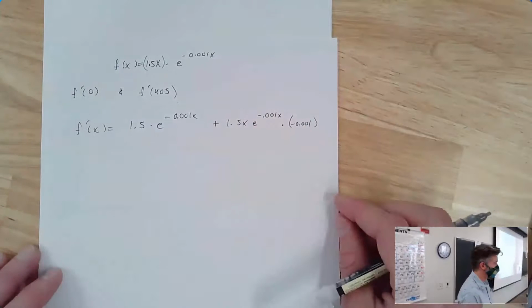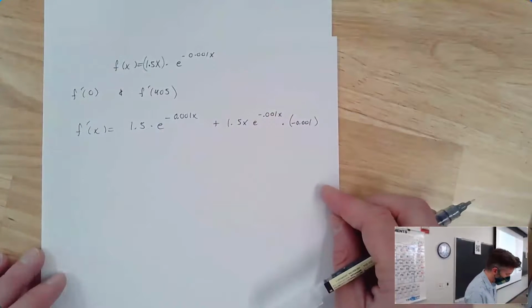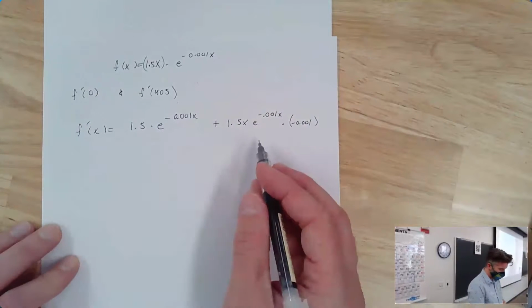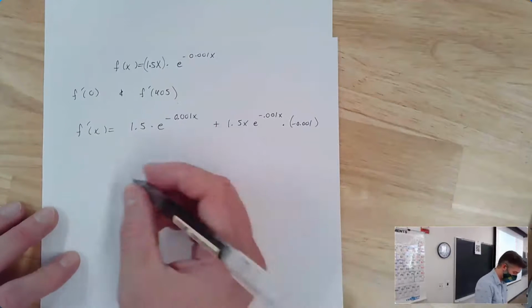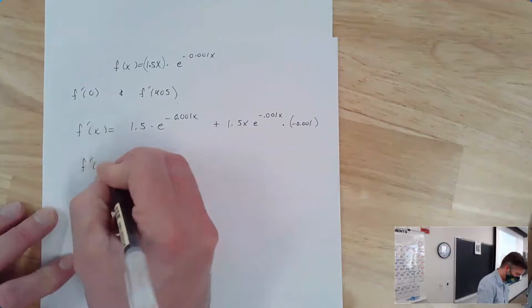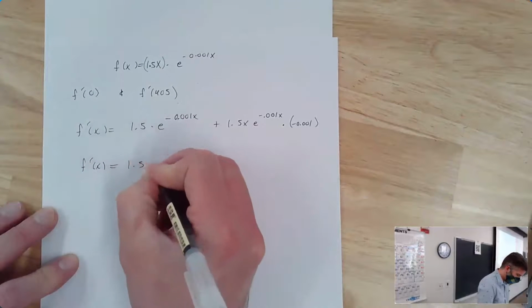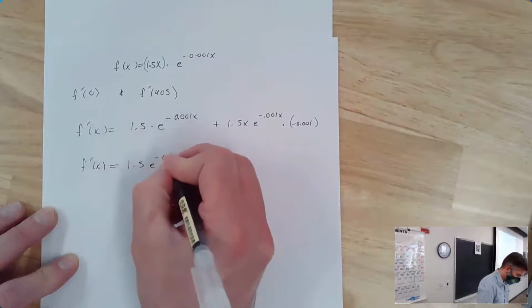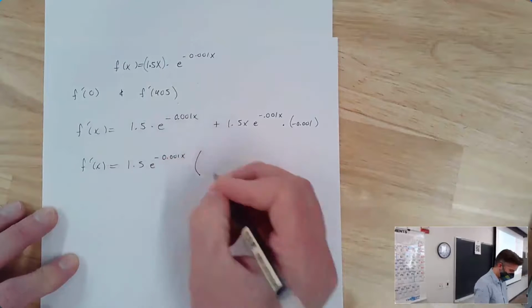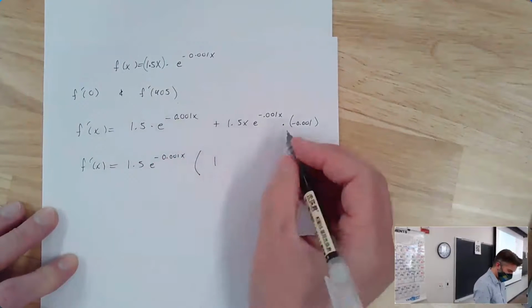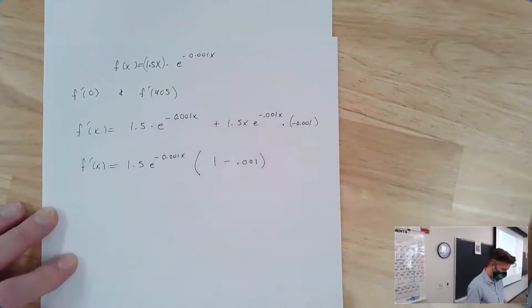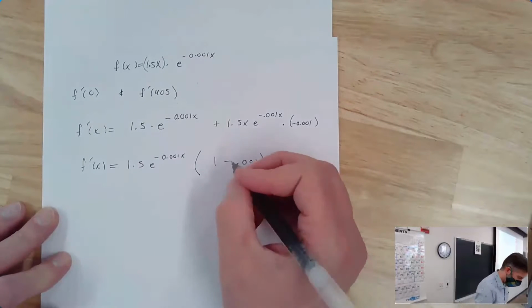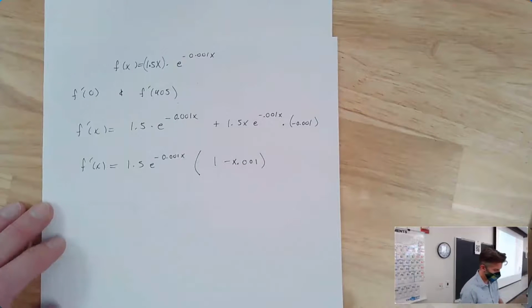Now, we can definitely factor some stuff out here. I can for sure factor a 1.5 out and an e to the negative 0.001x, and I should. This is going to equal 1.5 times e to the negative 0.001x times 1 minus x times 0.001.